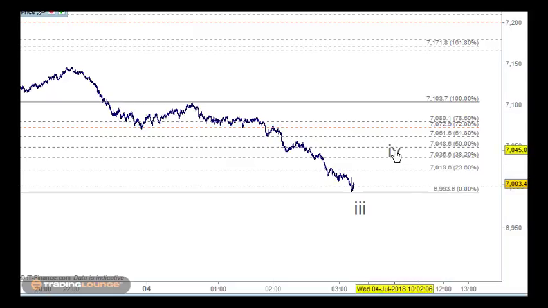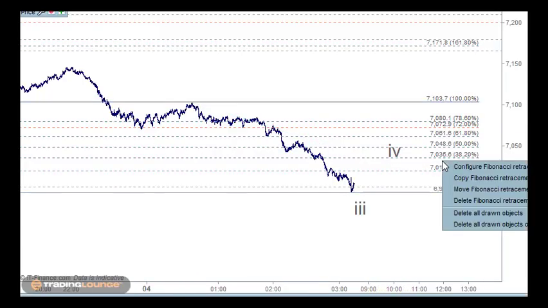Let's move that, and then we'll have wave 5 coming down. Wave 5 should be the same length as that, so yeah, I can't draw on this side, which is a bit annoying, but there you go.